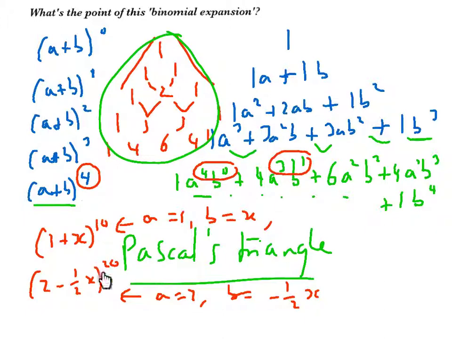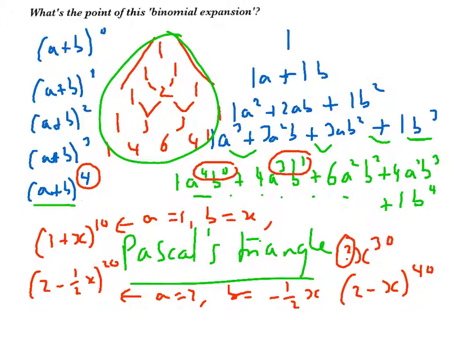But the thing about Pascal's triangle is, if I asked you to find this 10th term, and especially this 20th expansion row, it's going to take you forever to write all this down. It's very tiresome, and you could easily make mistakes. The other point is that if I asked you what the coefficient of x to the 30 is in the expansion of 2 minus x to the power of 40, I want to know what's the missing coefficient here.